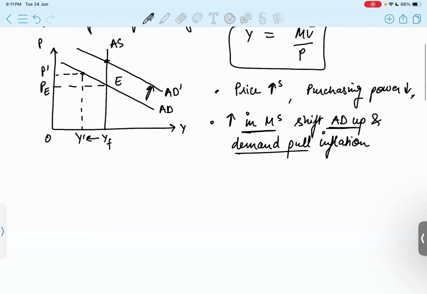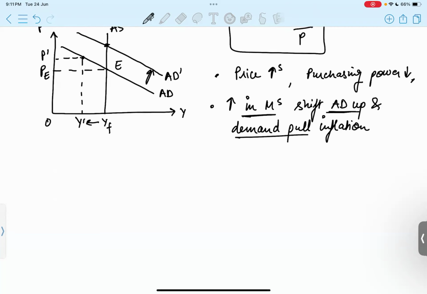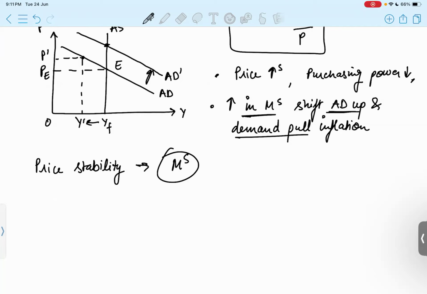Now, we can come to the conclusion that according to the classicals, to control price stability, controlling the money supply is important in the economy. So ultimately, the changes happening in the money supply or the liquidity in the economy would be determining price stability, or again, it has a direct impact on inflation in the economy.